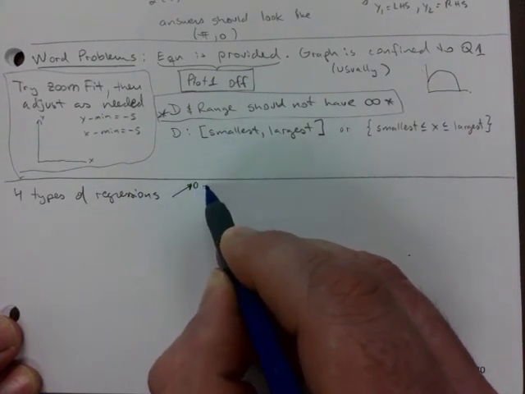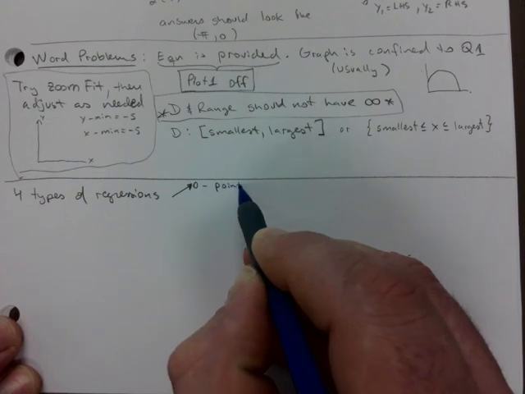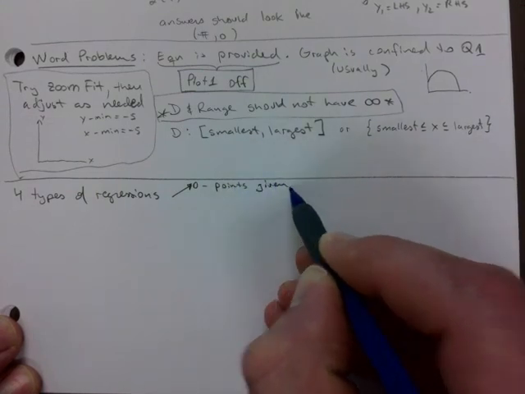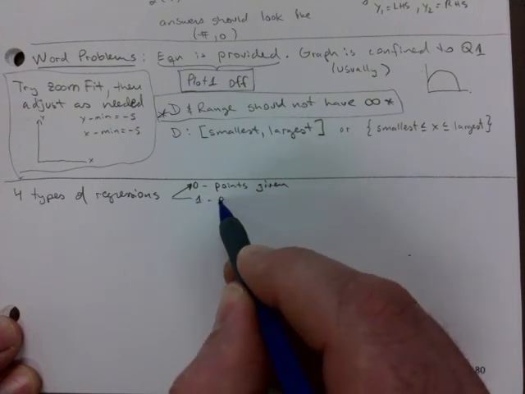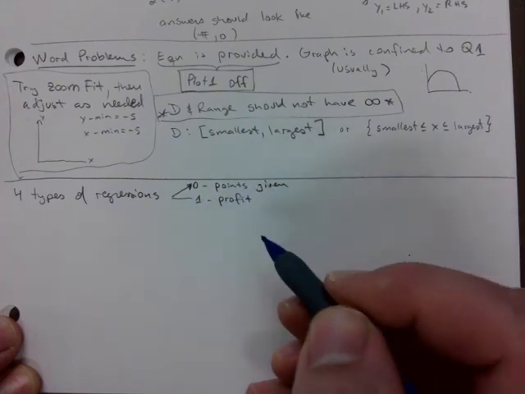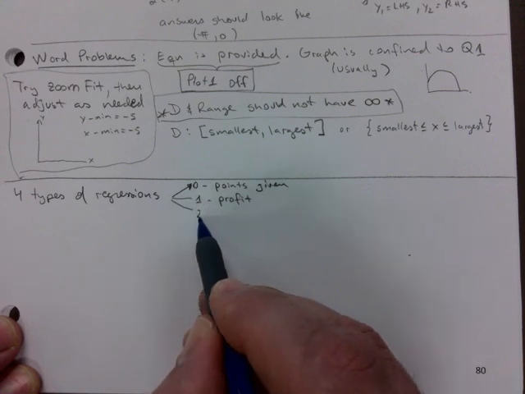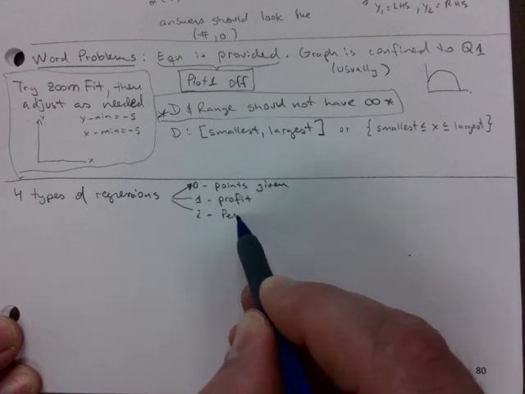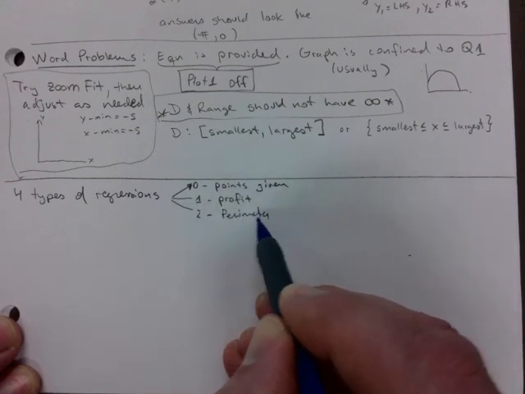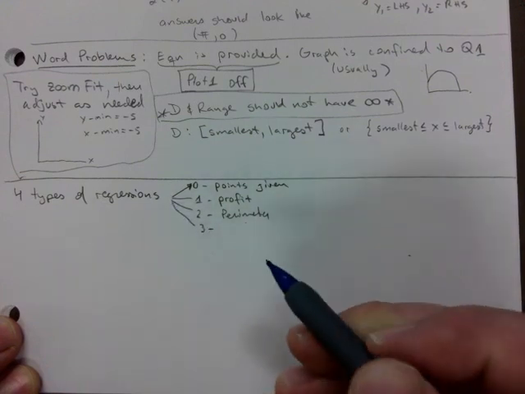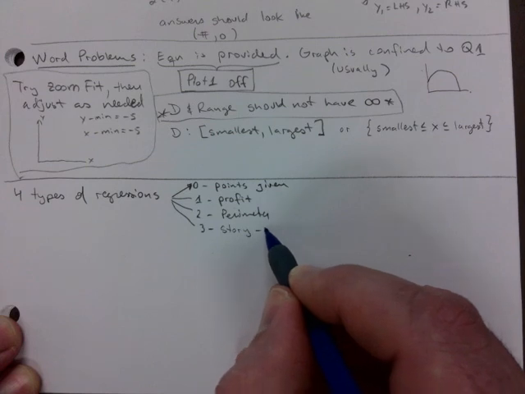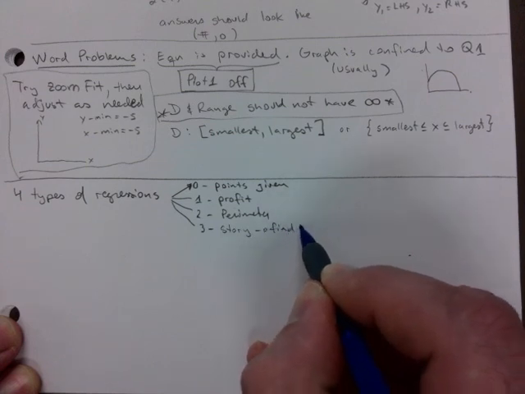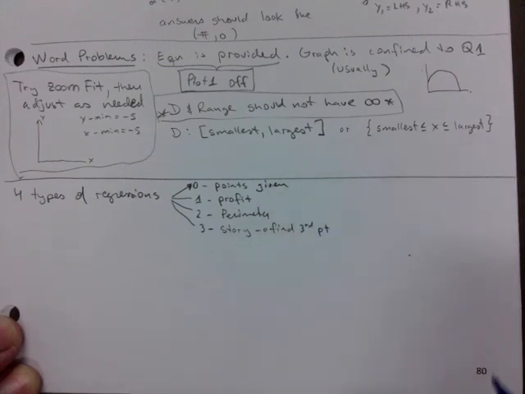Type 0, points given. 1 is profit, types of questions. 2 is the perimeter. And 3 is the story. Find third point. That's very important.